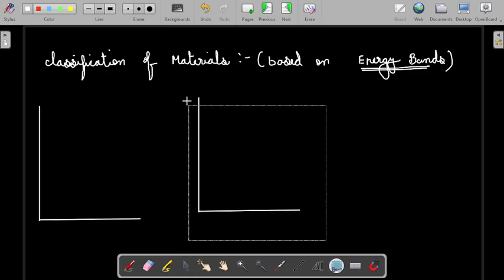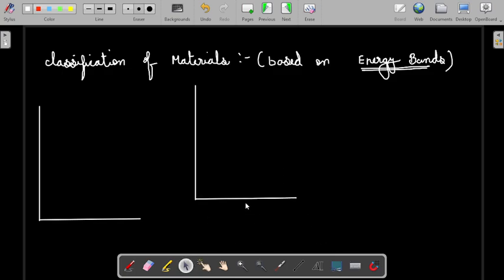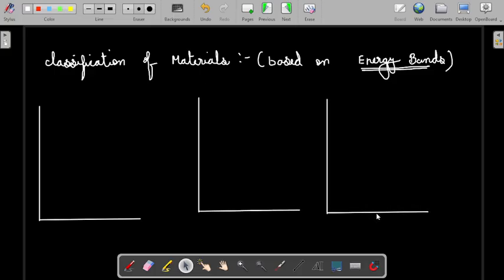So we will be having three different classifications based on the energy gap or band structure. So let's take, as usual, a conduction band and valence band. So there will be a large number of states. In order to represent that, I am representing this as a band structure, not as normal energy levels.